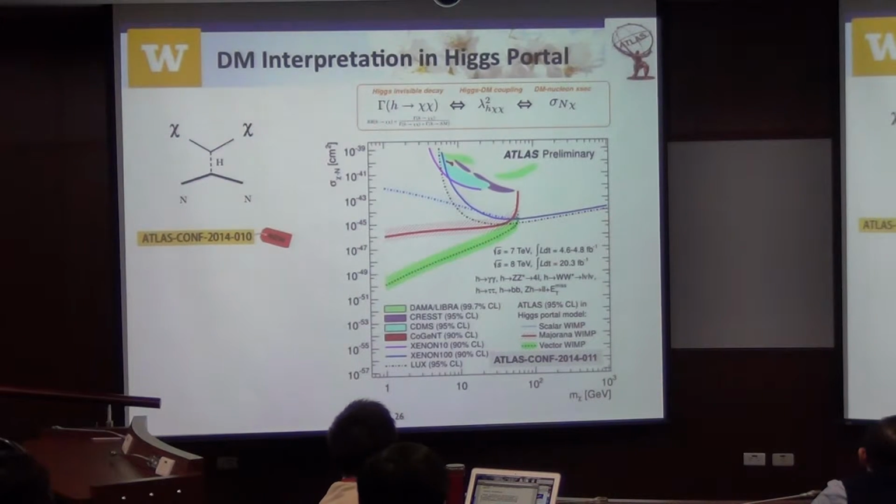So compared to the current dark matter search methods, through this invisible Higgs measurement you can actually put quite a stringent constraint on the dark matter nucleus interaction cross section, in particular for very low dark matter mass. This is a range that is very difficult for the direct dark matter search methods to probe.